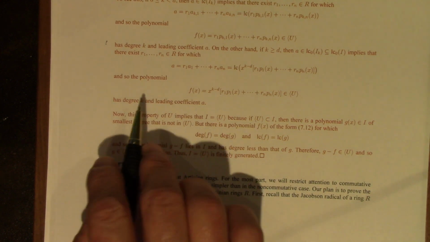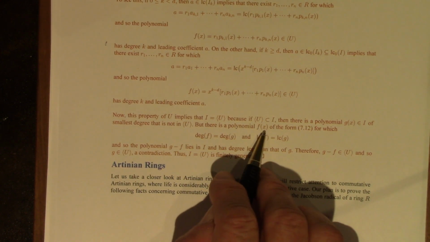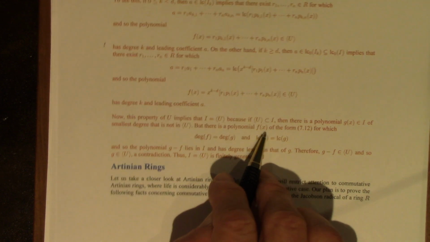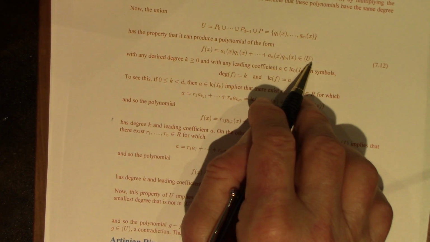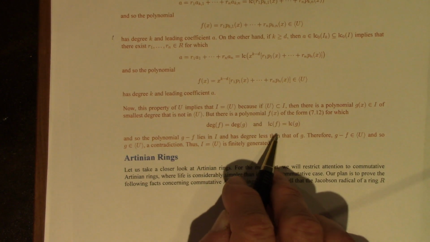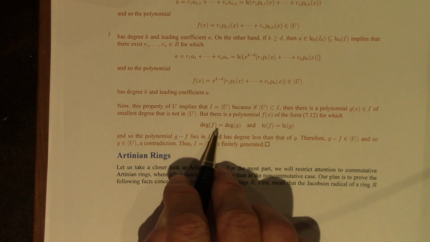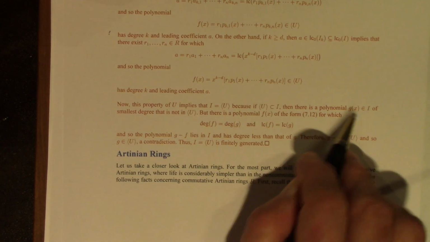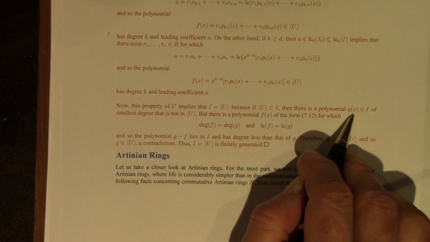Because of this special property of U, there is a polynomial f of this form, so it belongs to this ideal, whose degree agrees with the degree of g, and whose leading coefficient agrees with the leading coefficient of g.